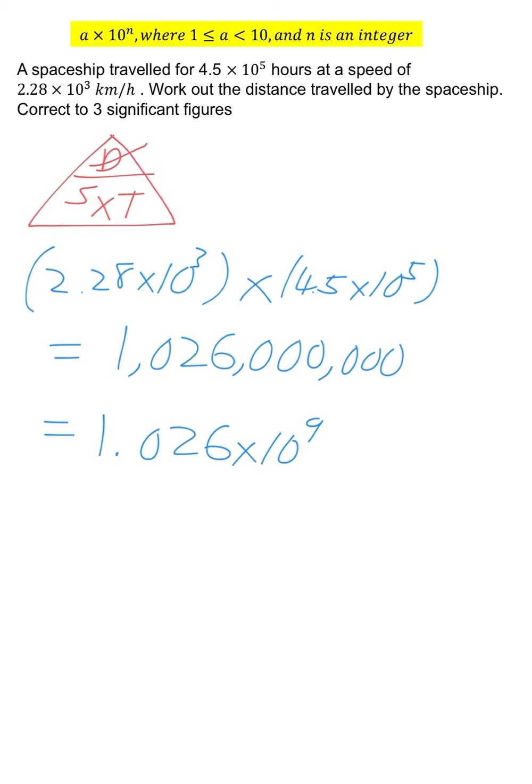Now again, we're asked for 3 significant figures, so counting in 3 places. 1, 2, 3. So 6 is greater than 5, so we're going to round up. So we're going to have 1.03 times 10 to the power of 9. And it's distance, so that'll be kilometers. And that's it.